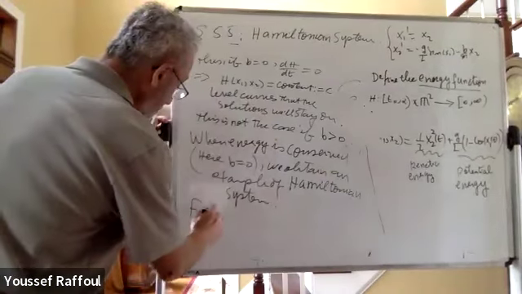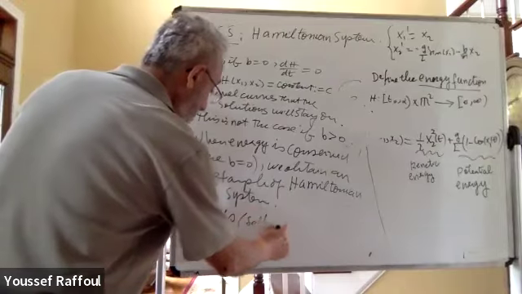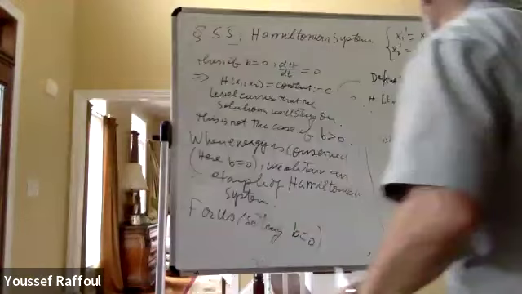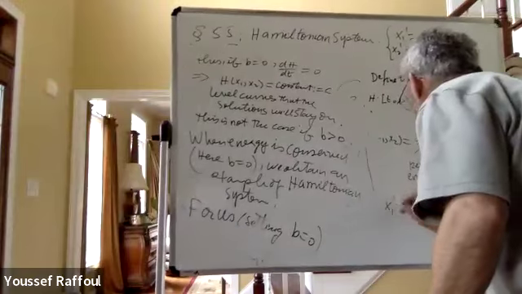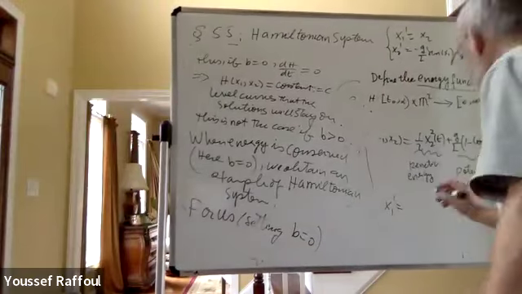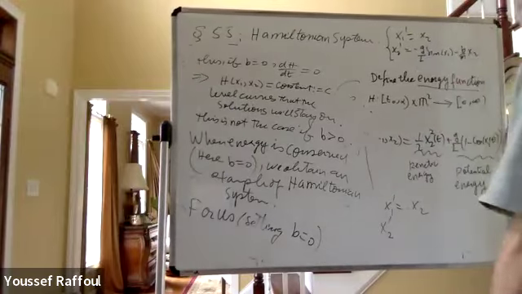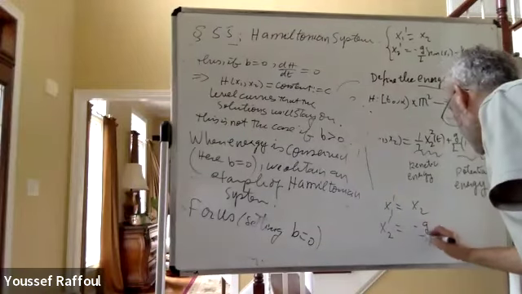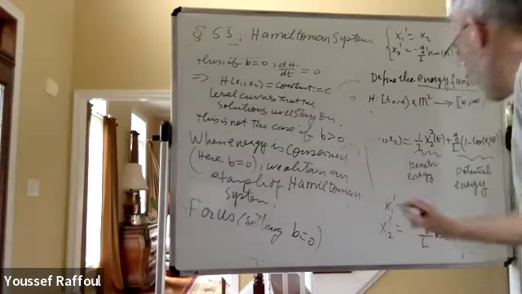For us, that means setting B equal to 0. What do we have? We have x1 prime equal to x2, x2 prime is minus g over L sine x1.